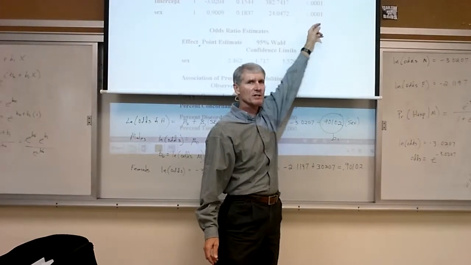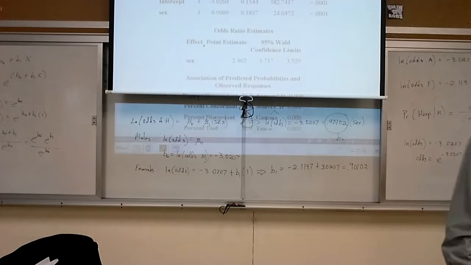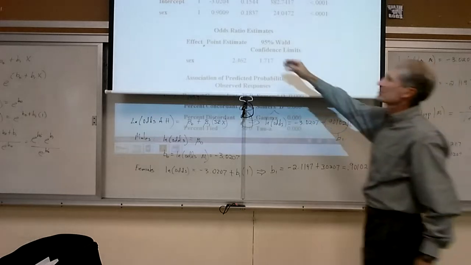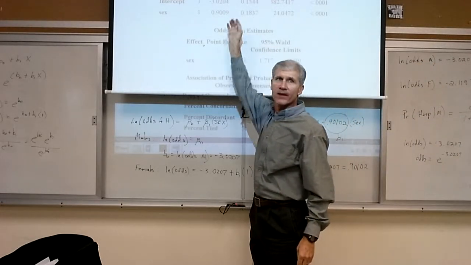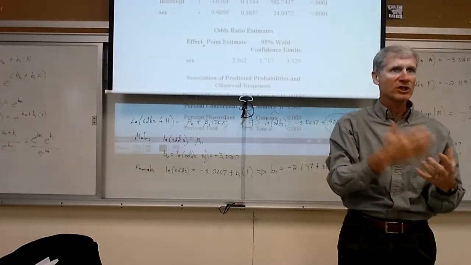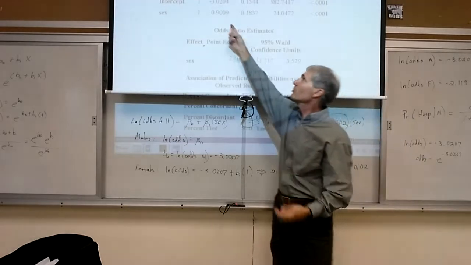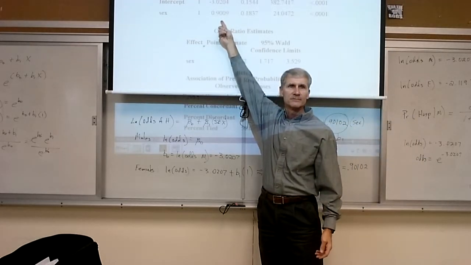Never quote a p-value unless you know what you're testing. What are we testing with those two tests? Whether they're 0 or not. Are these parameters 0? If there is absolutely no association between gender and hospitalization, what would you expect this parameter to be? 0.